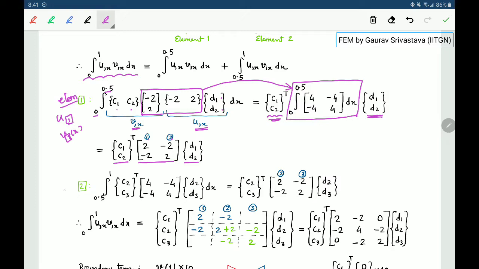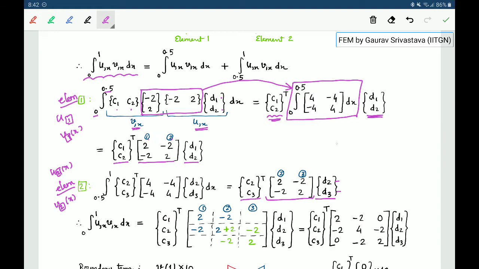Similarly, for the second element, we will use the definition of u2 of x and v2 of x, and we can obtain a similar looking form where we have c2 c3 transpose times a matrix times d2 d3. The only thing is that this vector here is referring to the second and third node.